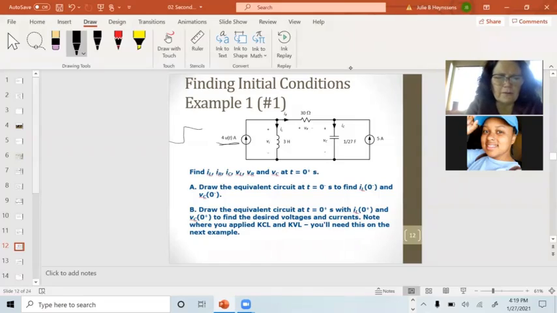So we graph it like this. It goes from 0 to 4 amps at time t equals 0. So at 0 minus, it's going to be 0, and at 0 plus, it's going to be 4 amps. And we want to find all this stuff for the circuit.